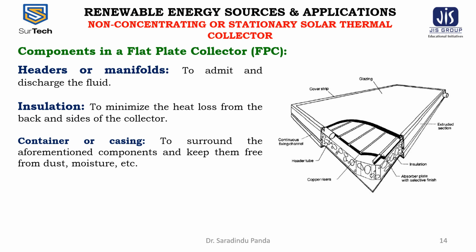Next, the insulation. To minimize the heat loss from the back and sides of the collector, the insulation is used. As the absorber plate warms up, it transfers the heat to the fluid within the collector, but it also loses heat to its surroundings.